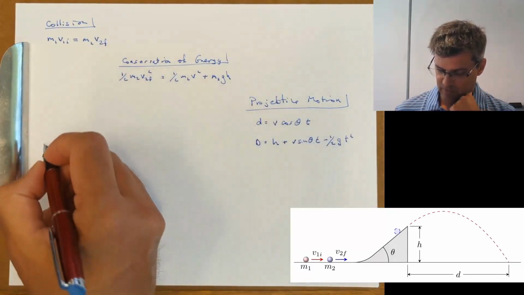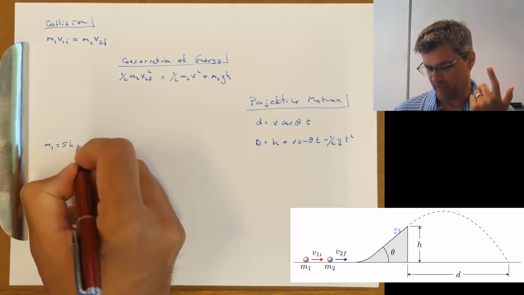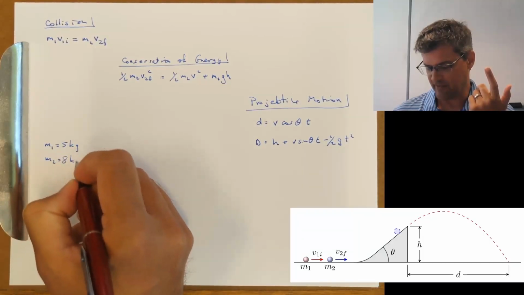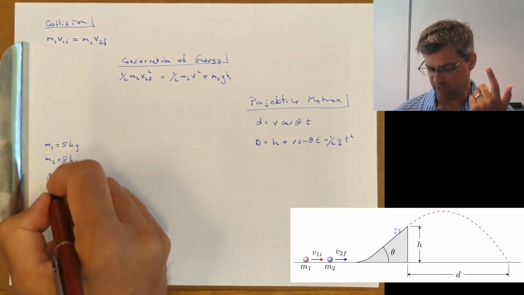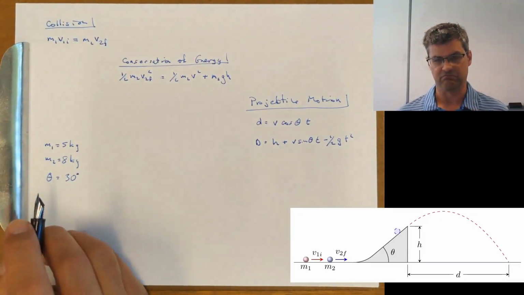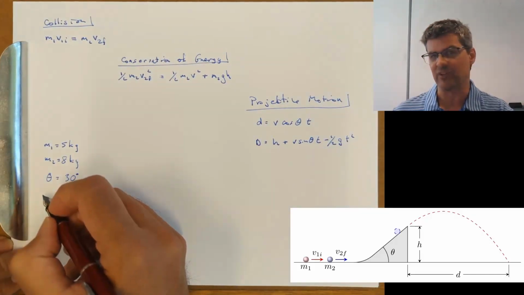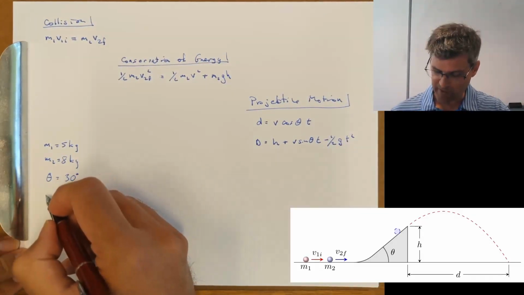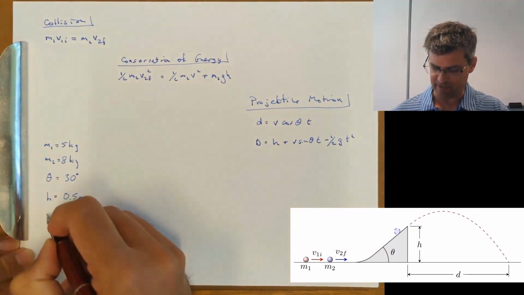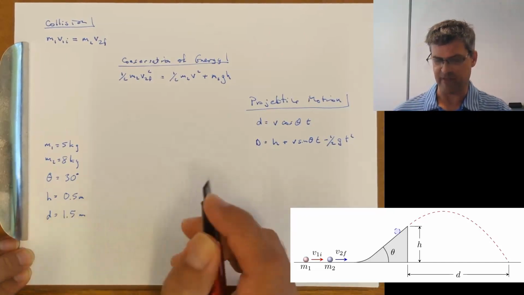Okay, well, we've already said we're looking at a case where M1, we can call it 5 kilograms. M2 is 8 kilograms. Okay, well, let's just set theta equal to 30 degrees. Okay, that's fine. And while I could give you lots of things, why don't I say that H is 0.5 meters and D is 1.5 meters?